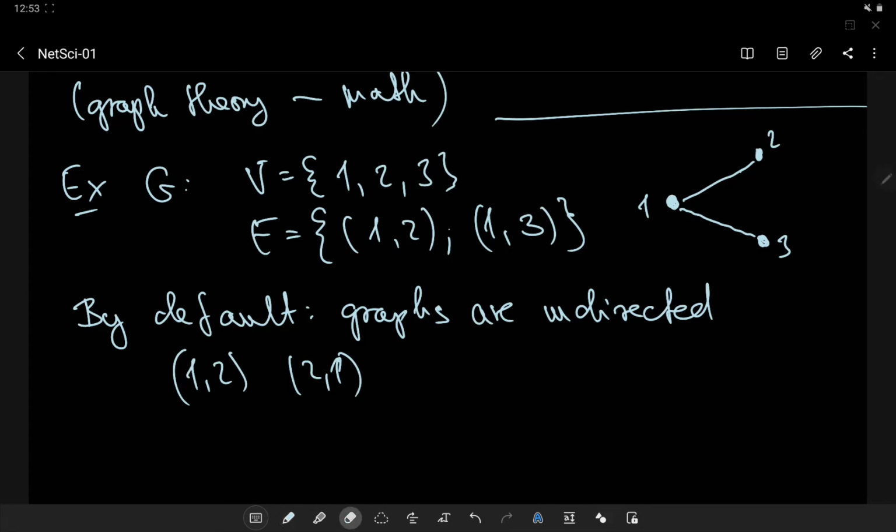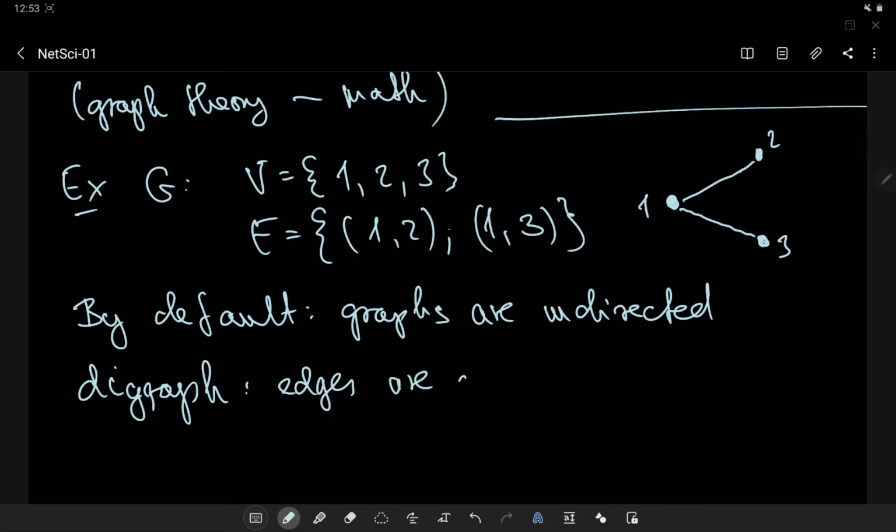Having said that, of course if we wanted to, then graphs can be directed, and in short they are called digraphs. Digraph, okay. So that is where edges are directed.